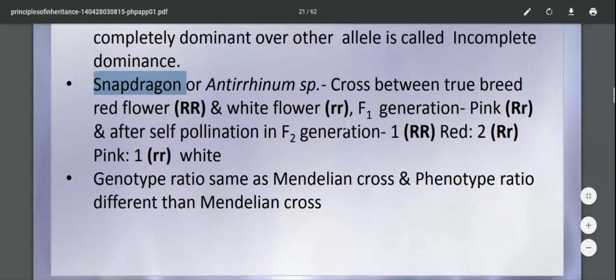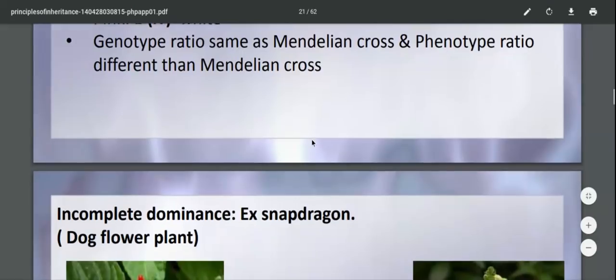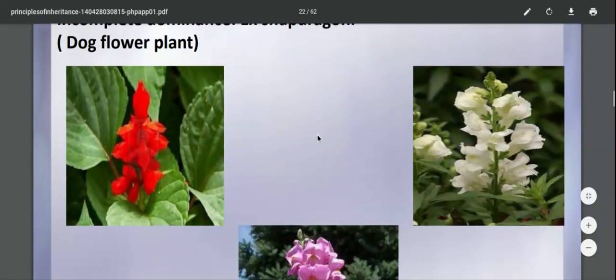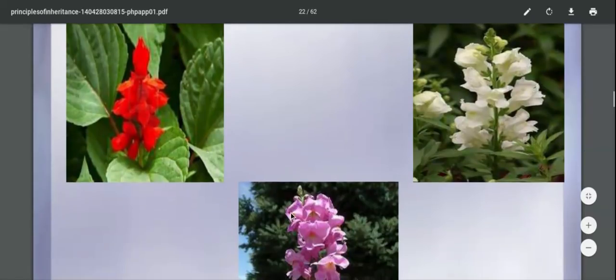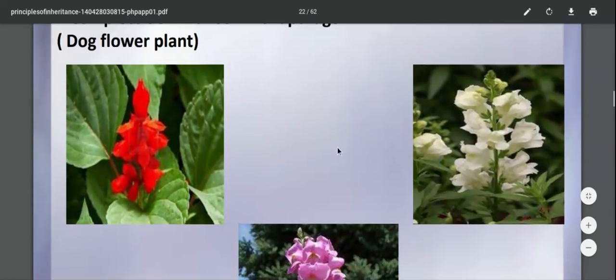So first we'll go to the example and then we'll come back to the note. So this is your dog flower snapdragon plant. It was noticed that there are two varieties, the red variety which is dominant and the white variety which is recessive. So red flowers is the dominant trait, white flowers is the recessive trait.